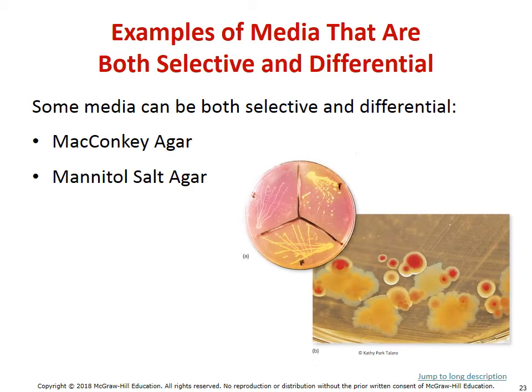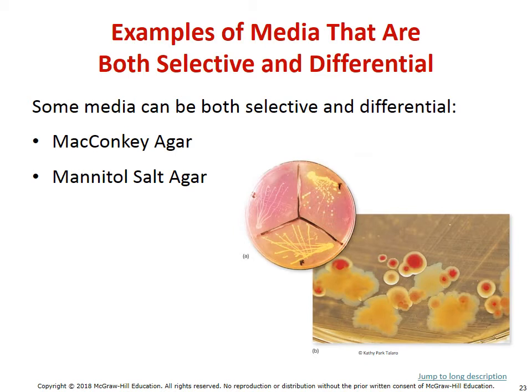And so really there are two parts that are going to help us in our selective and differential features: the mannitol and the salt. Naturally, salt is something that most microbes do not really like. We have used it for a very long time through history to preserve food because most microbes don't want to be in high salt environments.